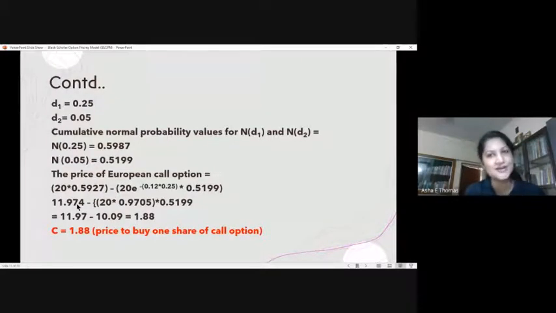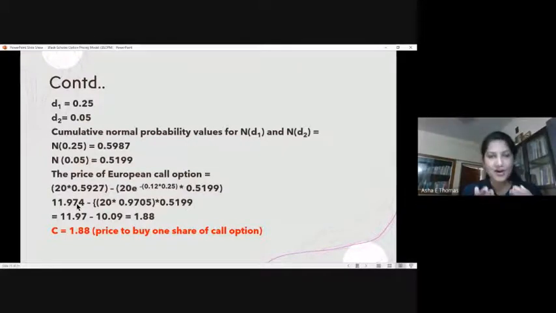So that also is an assumption, and because of the gap between these assumptions and reality, the theoretical price might be different from what is in the market. That could be the reason. All these are based on assumptions, and on the studies and research which have been conducted in this area.